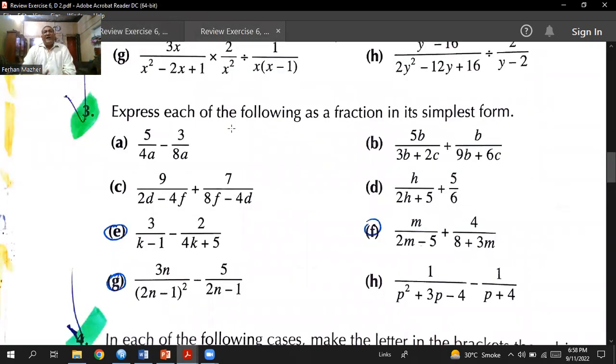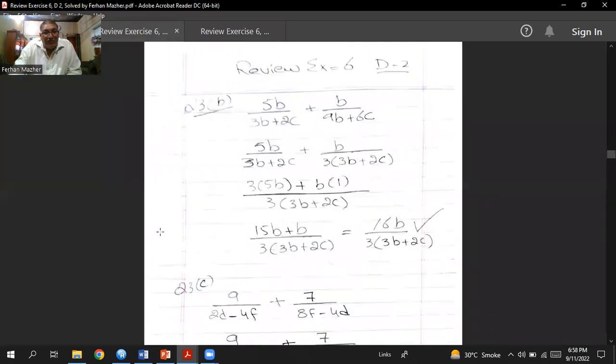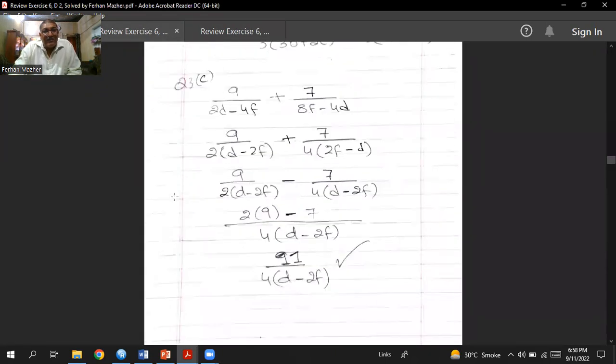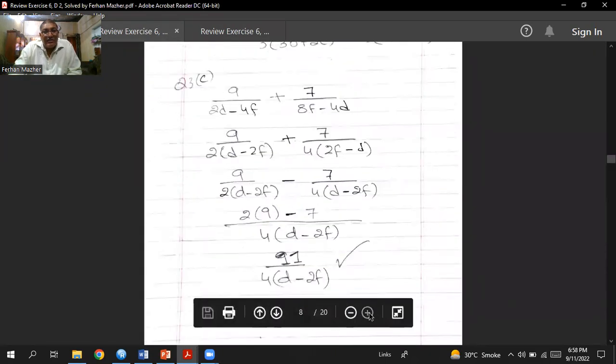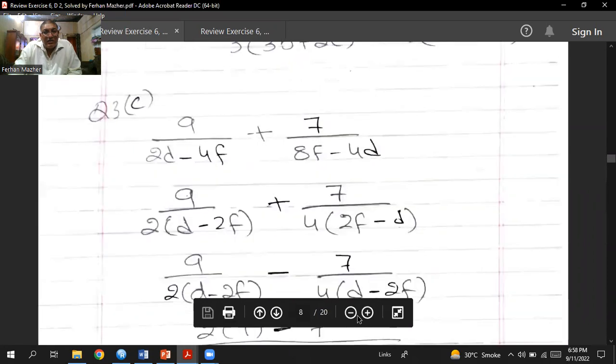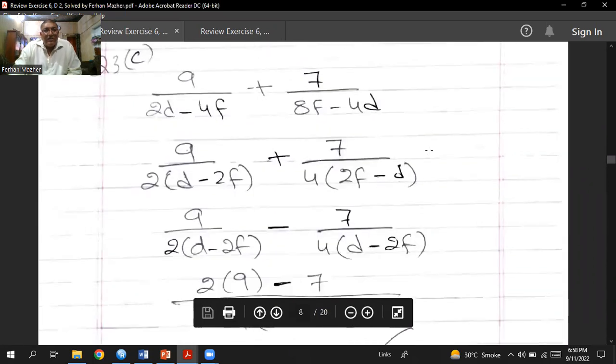Okay, so the C part, 9 divided by 2d minus 4f plus 7 divided by 8f minus 4d. Okay, so first of all, here is that question. So first of all, 9 divided by, I will take 2 common from that denominator.